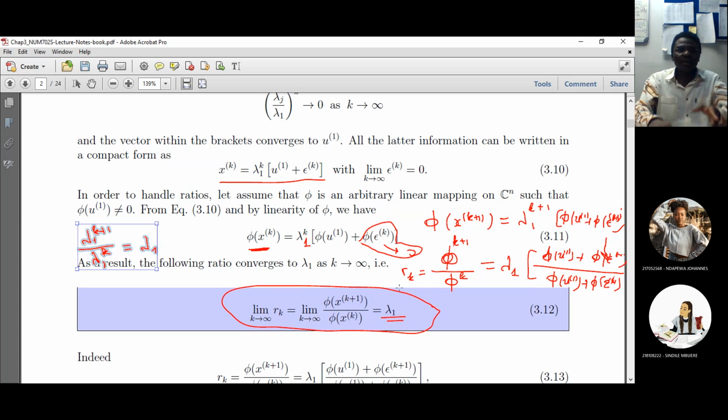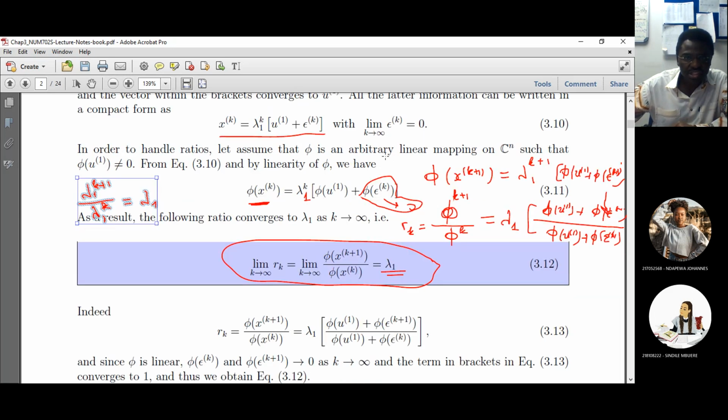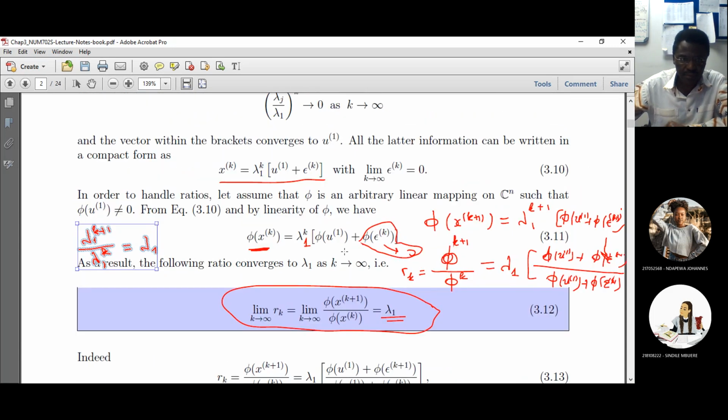So in other words, from this, now we can derive our power method from this ratio. Here we just say linear mapping. Phi is a linear mapping, right? We didn't say which linear mapping it is. Any linear mapping will do the job.